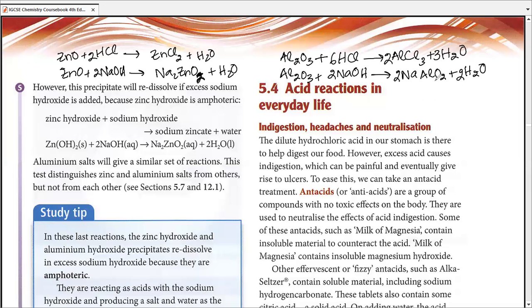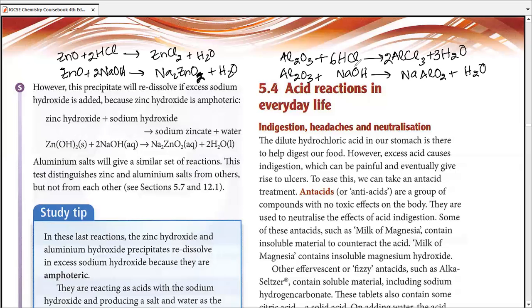I think I'm not able to balance the equation yet, but if you're going to try it, you would be able to balance it. So Al2O3 reacts with NaOH, gives us NaAlO2 plus it gives us H2O. So these are the four equations to prove zinc oxide or aluminum oxide is an amphoteric oxide.